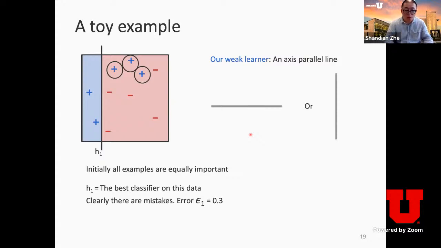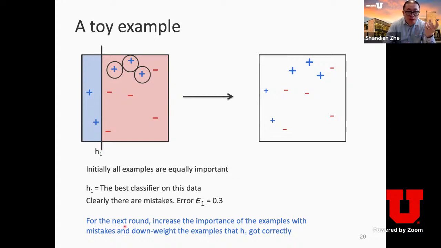Okay, so after we have learned our hypothesis or the weak classifier, and according to the mistakes each one has made, we're gonna adjust the weights for the training examples, meaning that we want to increase the importance of the examples with mistakes and downweight the examples that each one correctly predicted.